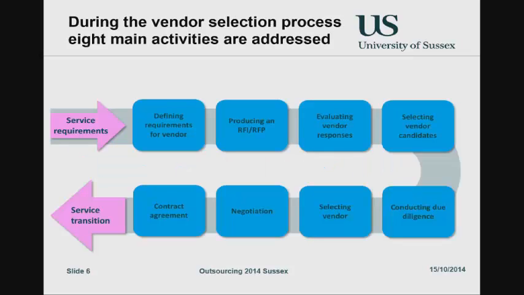Now, during vendor selection, we run through these processes, and I'll just touch on them. The input to this whole thing is up on the left here, the service requirements. That's what I've just been describing. Now we need to define these requirements such that the vendor can understand them.